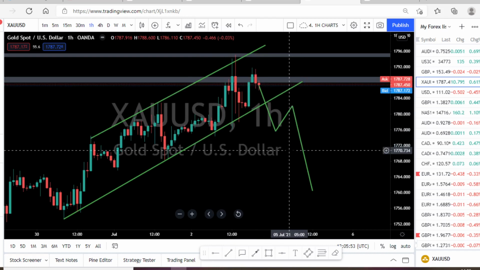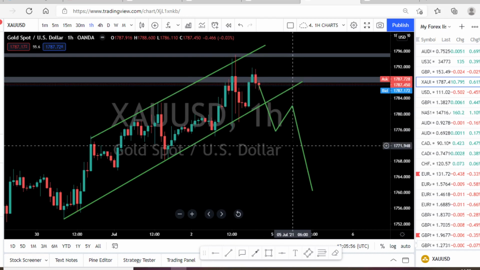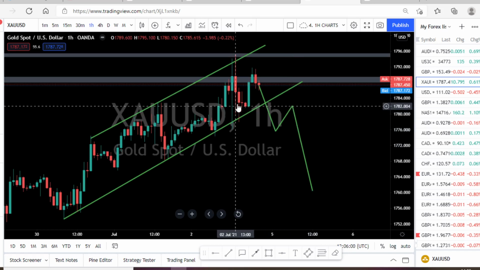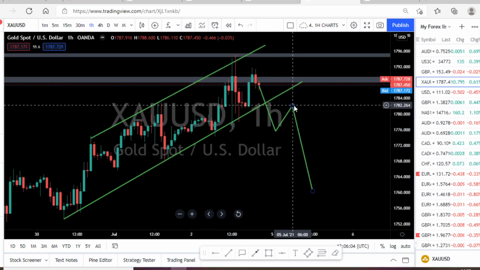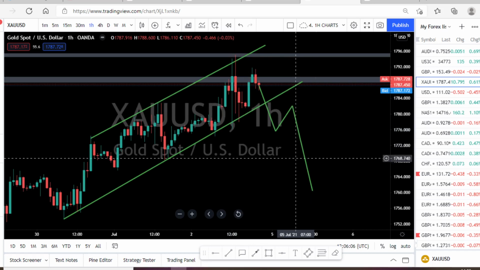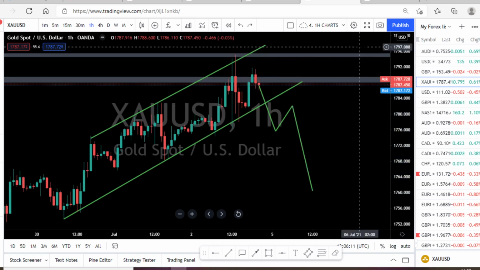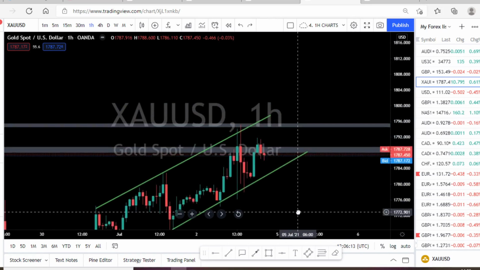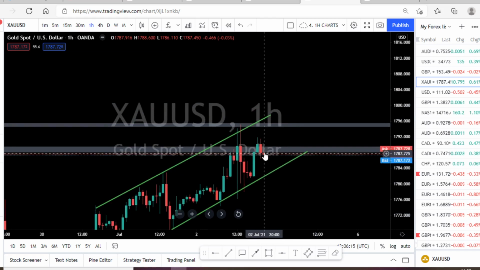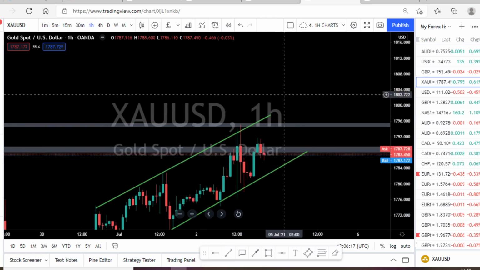If you are following structure and if you are following price, you will understand if the price turns here. Why? Because the price found the area of interest at this point. This should be your buy, then going forward. But on an overall move, this can just reject or come back deep a little bit and go back down.